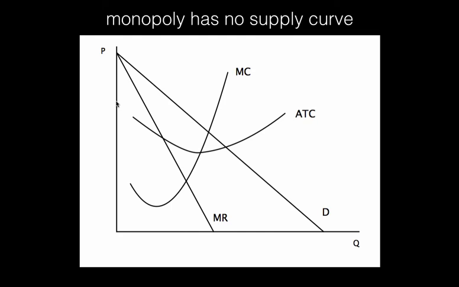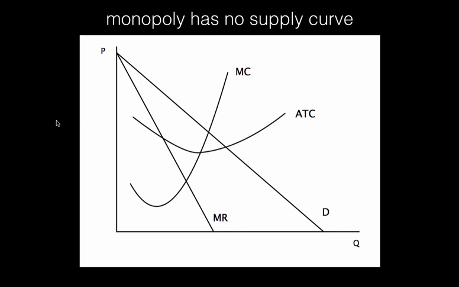That's not the case for a monopoly. So it has a marginal cost curve, but it's not the firm supply curve, because remember how we got our profit maximizing quantity? We went to here, right? So it's not that you give me a price, I go over to marginal cost. That's not how we determine the quantity. So that marginal cost curve is not a supply curve.